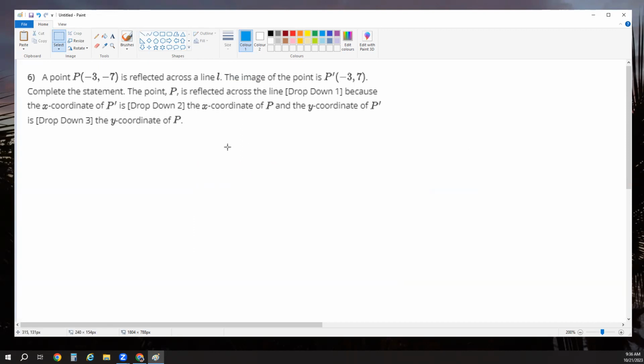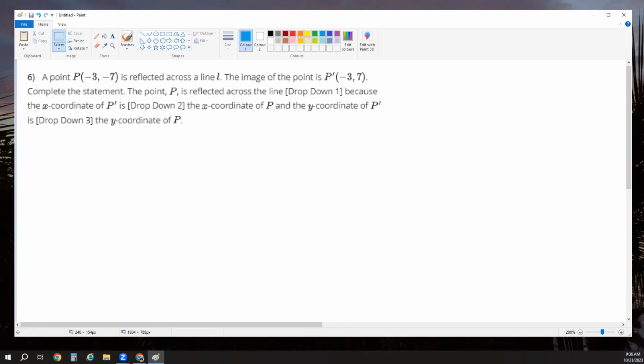So anyway, how do we do this one? Right, so we have a point, -3, -7, that is reflected across some line, and this is the resulting point.